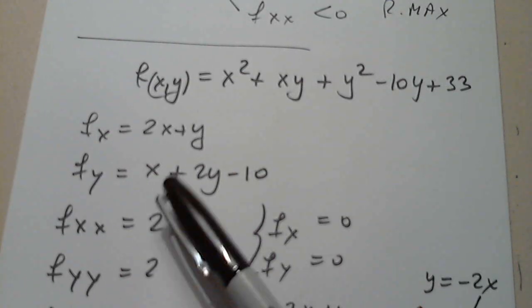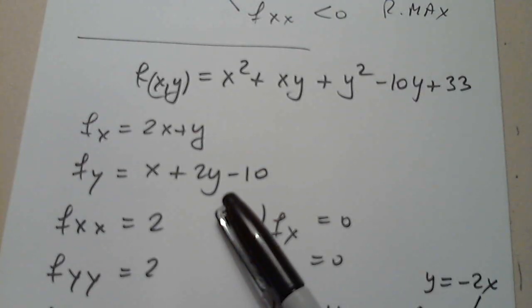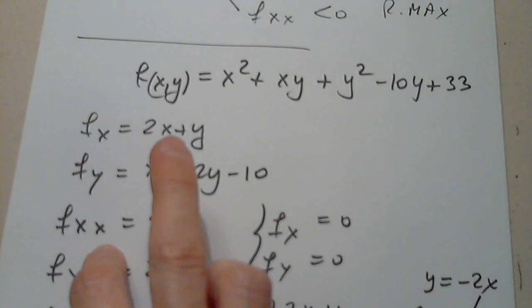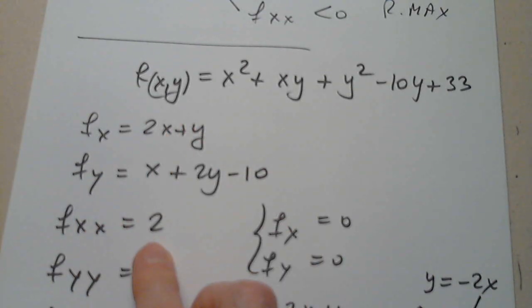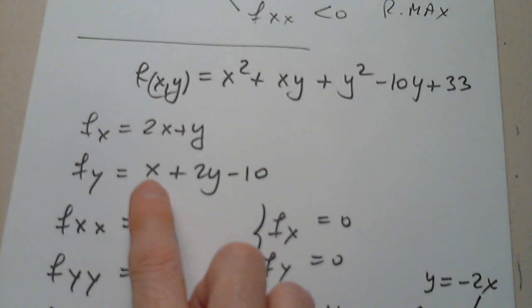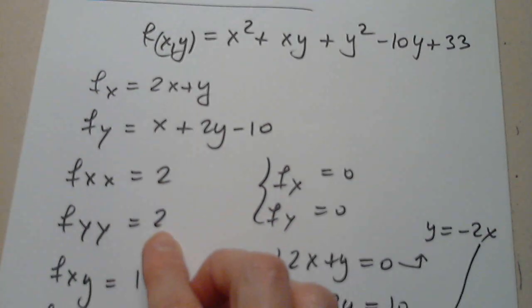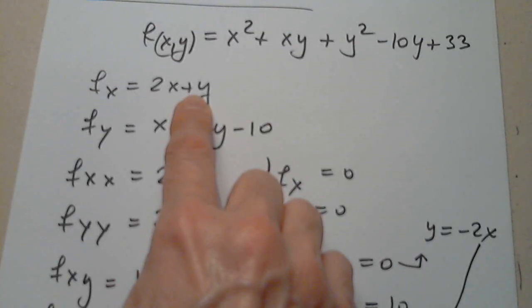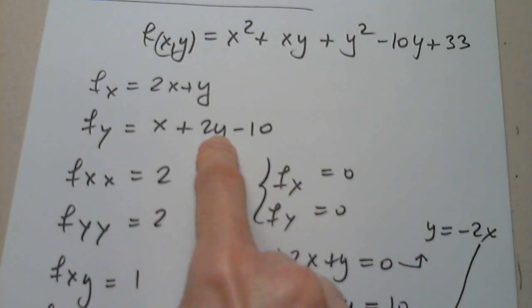There is a y here, so I have 2y. And there is a negative 10. When I differentiate f_x with respect to x again, I get 2. When I differentiate this again with respect to y, I get 2. When I differentiate this with respect to y, I get 1. When I differentiate this with respect to x, I get 1.